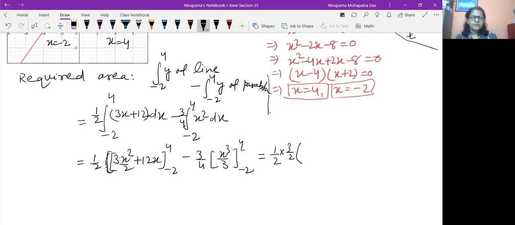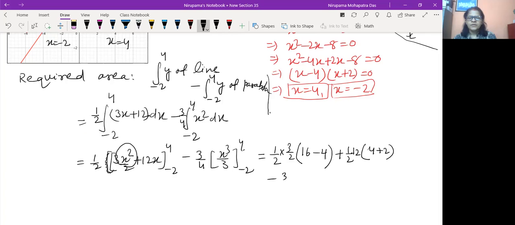Now x square at the upper limit is 16, minus the lower limit, the square of minus 2, plus half of 12 times x, 4 minus of minus 2.